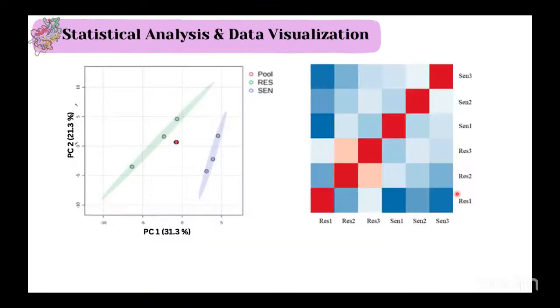Once the normalized data is done, we move on to the statistical data analysis, where you can first produce the PCA plot, which is an unbiased, ungrouped analysis, where you select the best eigenvalues.